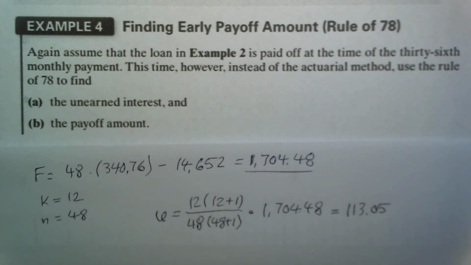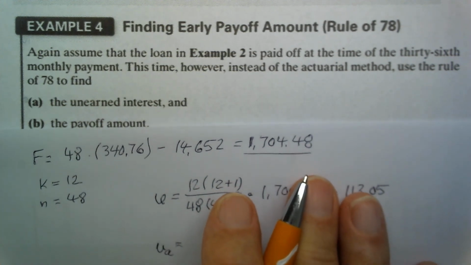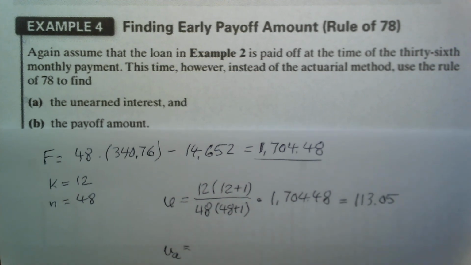Now remember, in the actuarial method, the amount was 119.10. So using the rule of 78 method, she would pay $6.05 less compared to using the actuarial method.